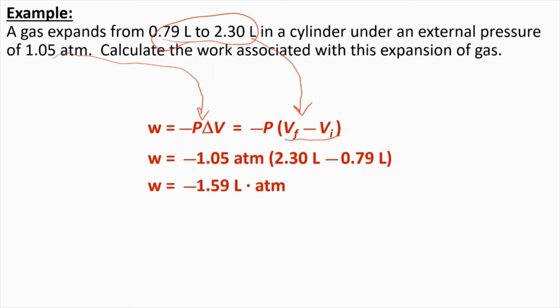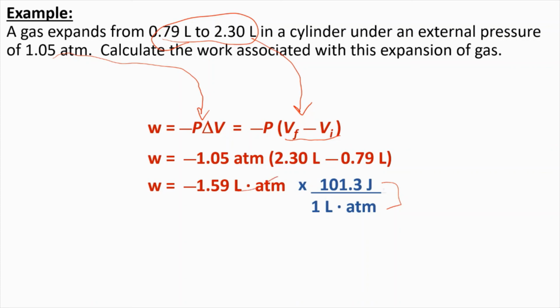Now, let's take this a step further. We can get rid of our atmospheres and find just the joules, because work is measured in joules. To get it into joules, we're going to use this conversion factor, 101.3 joules per 1 liter-atmosphere.